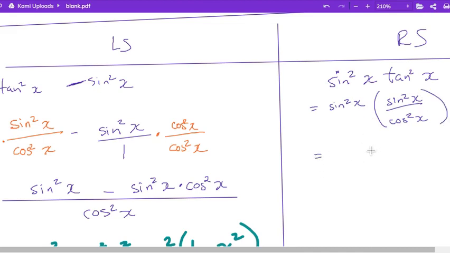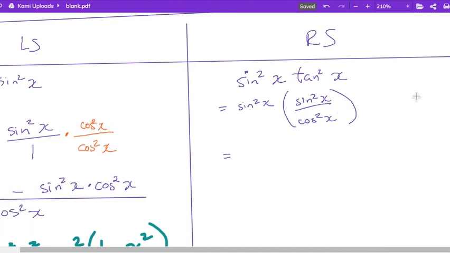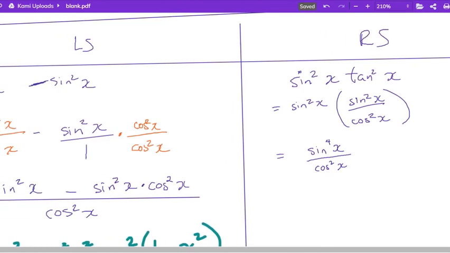And do you know what sine squared x times sine squared x equals? If I've got x squared times x squared, that's just x to the power of 4. So here, I've got sine 4x over cos squared x. Isn't that beautiful? Love it. At least now we've got the right side only in sine and cosine.